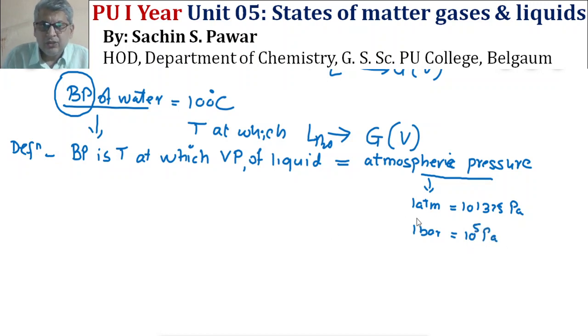So depending upon which unit we are using, we have two types of boiling points: normal boiling point and standard boiling point.